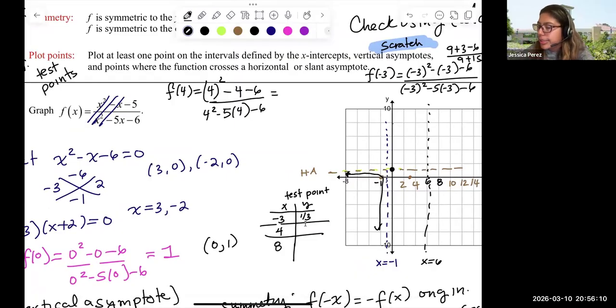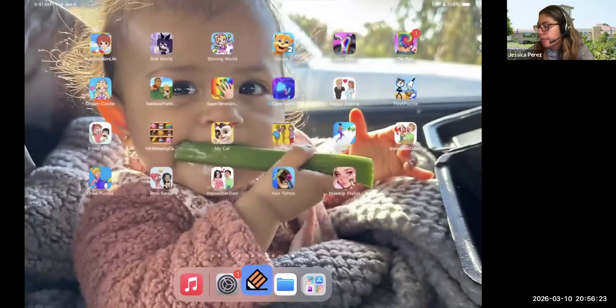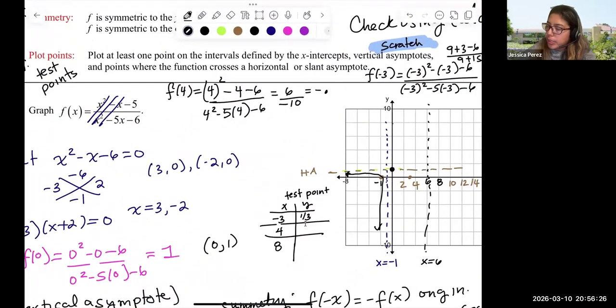So here I get 16 minus 4, which is 12, minus 6 is 6, over 16 minus 20, it's a -4, -4 minus 6 is a -10, which is negative 0.60. So at 4, I'm going to be down here. So then we have this shape, it's like a cubic right there.